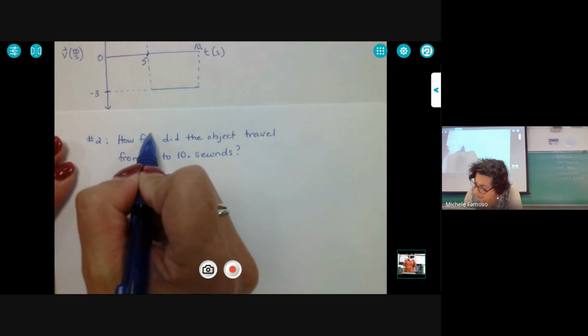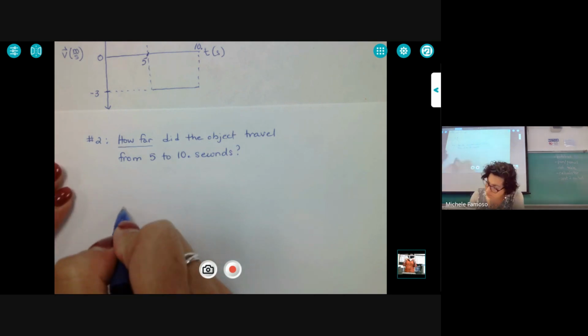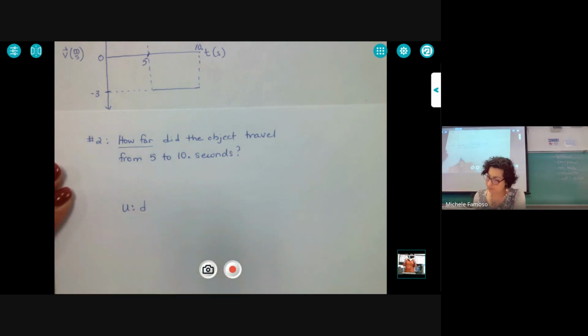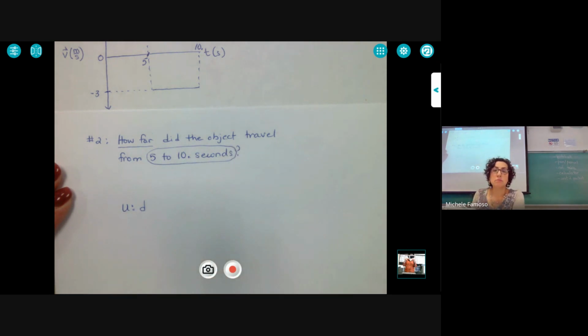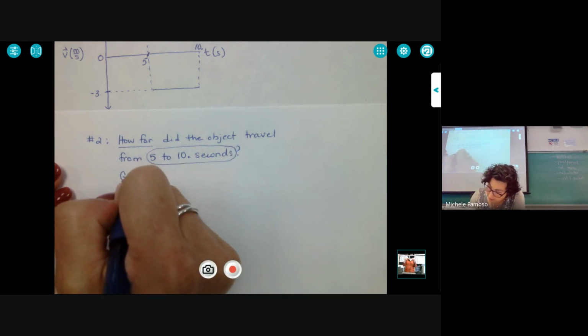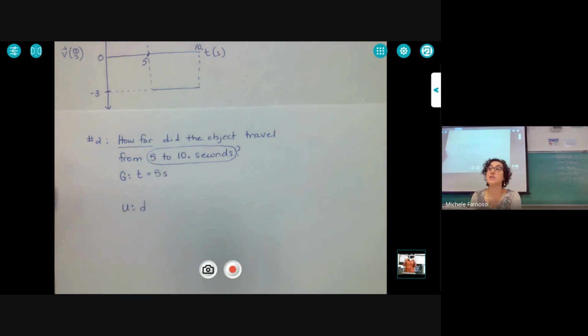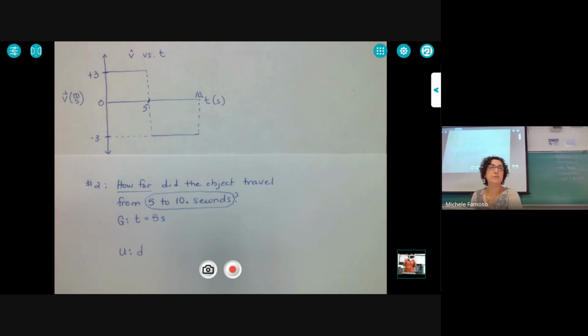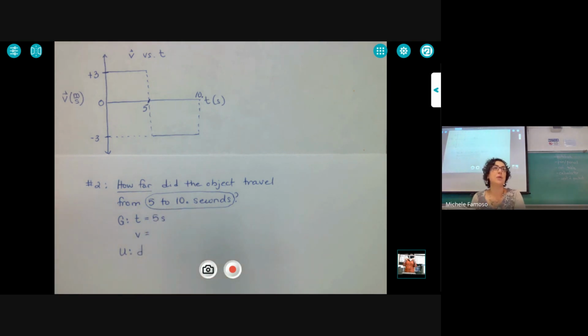When I say how far, what am I asking you for? D. What is this giving me? That's giving me a time, so that's a given. And that time interval is 5 seconds long, isn't it? Okay, come back to your graph. In order to get a distance, we know we need the speed in this time interval, right?